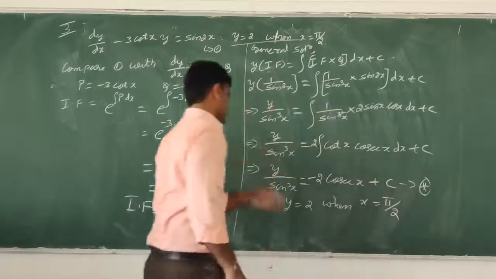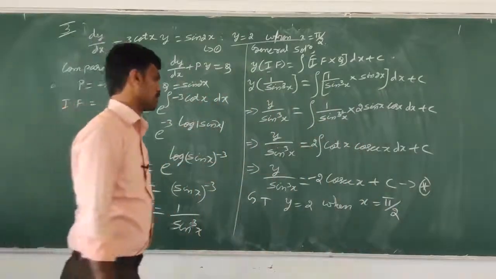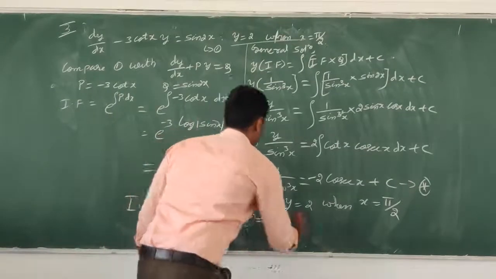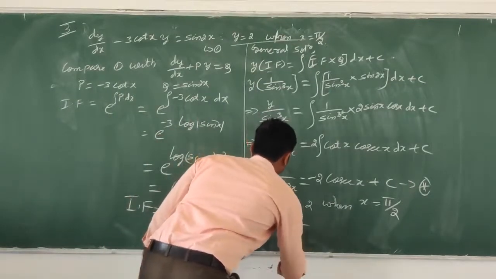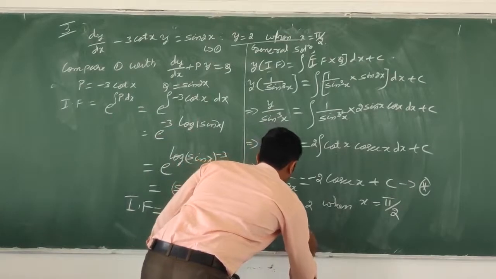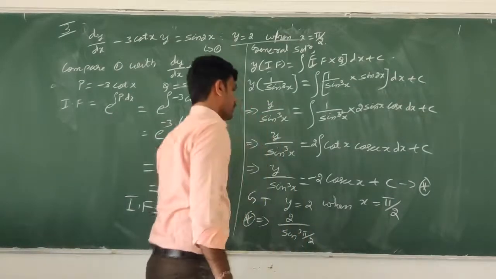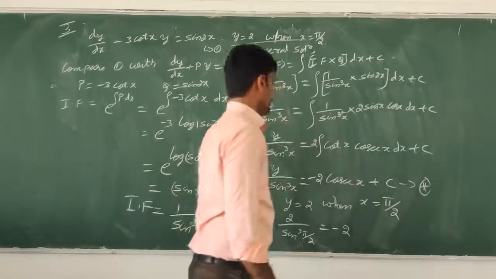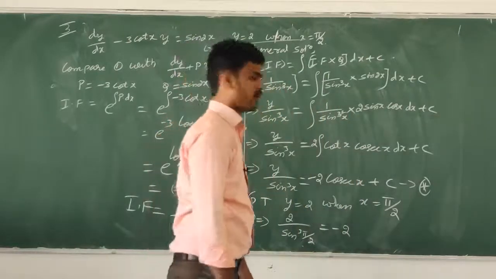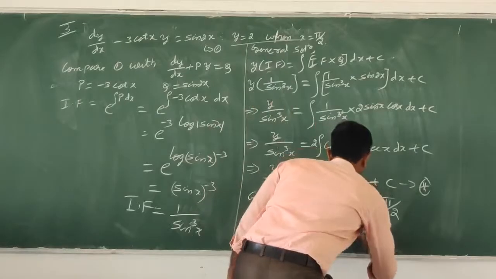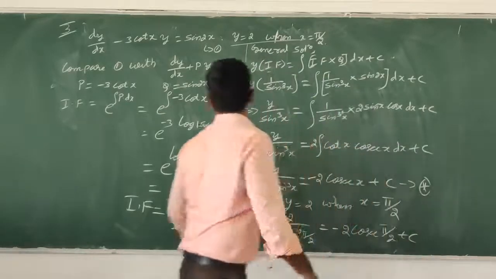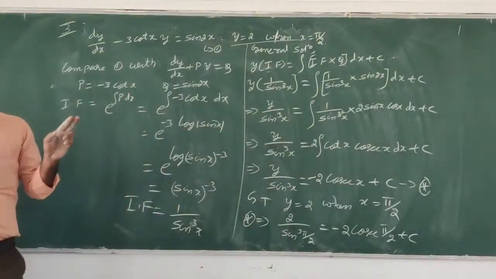So equation star becomes 2 divided by sin cube pi by 2 is equal to minus 2 into cosecant pi by 2 plus c.